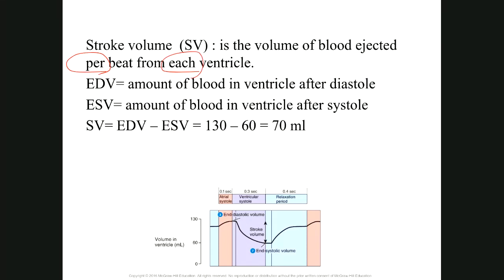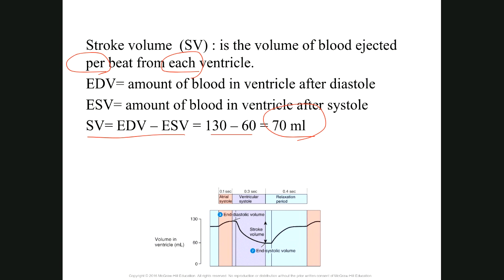And EDV is the amount of blood in the ventricle after diastole, and ESV is the amount of blood in the ventricle after systole. And the other equation which you can have here is that the stroke volume is equal to EDV minus ESV. 130 minus 60 is 70 milliliters. This 70 milliliters is the amount of blood which goes to your aorta or pulmonary trunk.